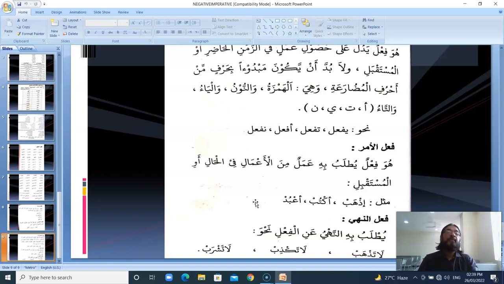For example, taf'alu. So copy the taf'alu and write down before taf'alu lam, alif, zabar, la, like here. Tazhabu, if the question is given tazhabu, you have to write lam, alif, zabar, la in the beginning.